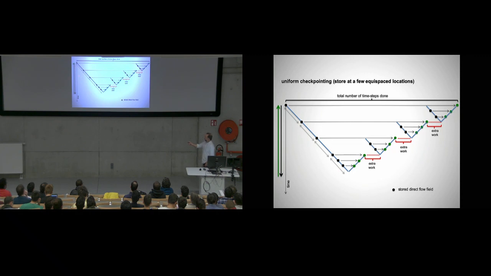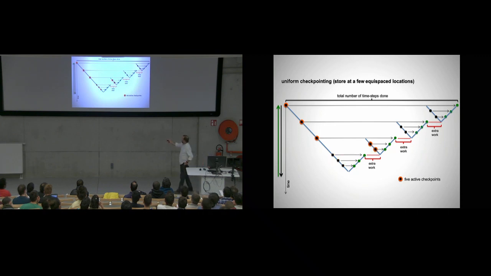Now, this was not a very smart choice of checkpoints. Why? Because in the beginning, I said I have storage for 6. So I stored 6, and my storage is up to the rim. And then on the second one, when I'm here, I have this one stored and this one stored.